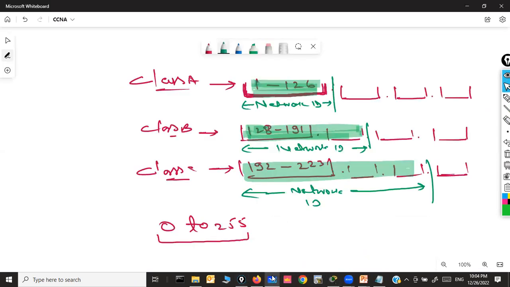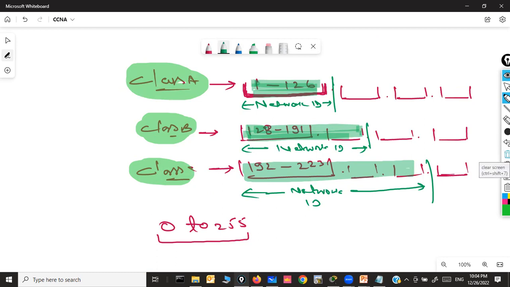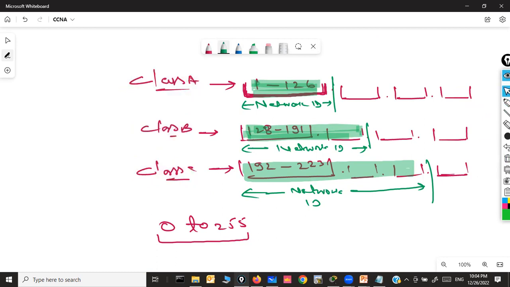To sum up, we have finished class A, B, C addressing, the rules, network and host portions, and identifying the class. In the next class, tomorrow, we will understand another important concept, and that is the subnet mask.